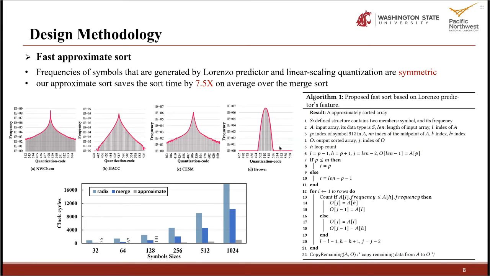The main idea is that we just compare two frequencies of symbols on the left and right of the middle symbol and store them in the correct order into the output. The experiment shows that our approximate sort saves sorting time by 7.5 times on average over the merge sort.